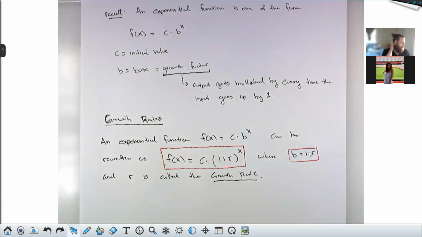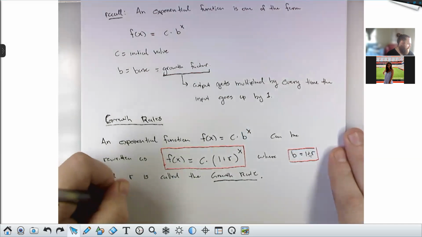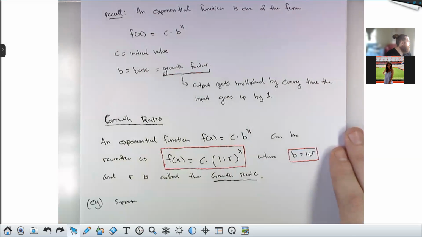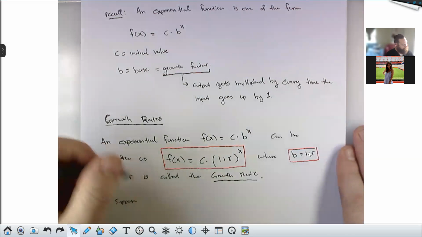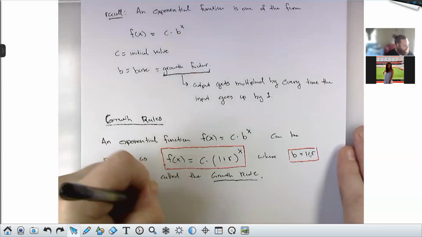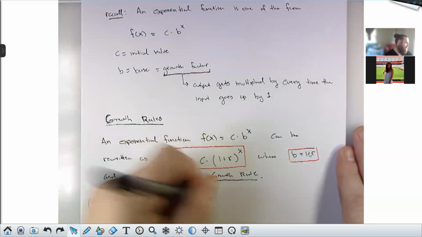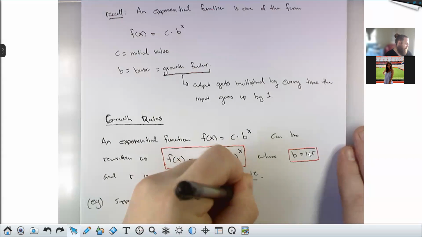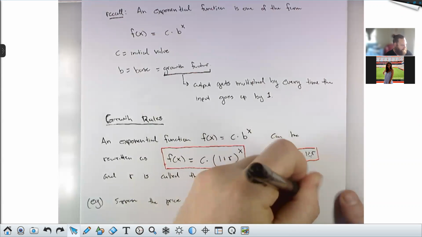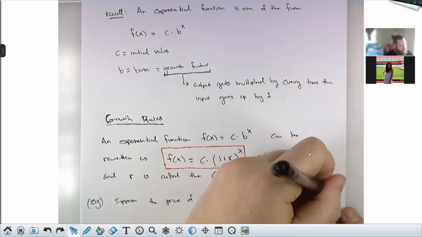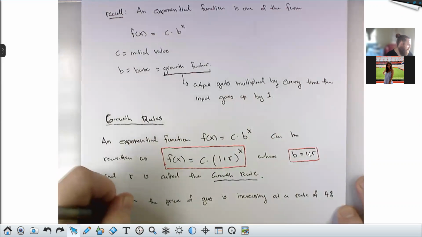I think an example will make this pretty clear. Suppose the price of gas is increasing at a rate of, let's say, 4% per week.